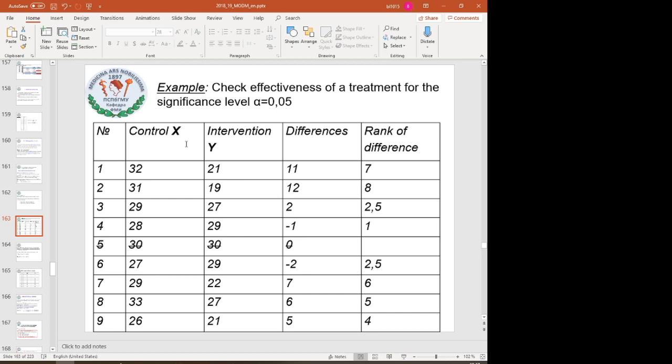Let us have a control group, with values of our sample before treatment and after treatment.